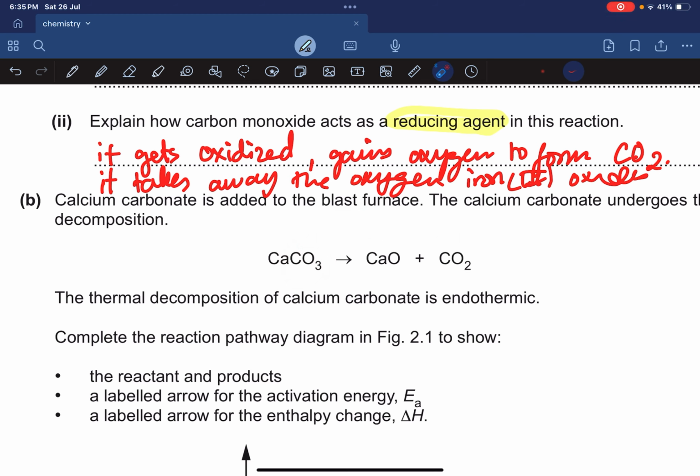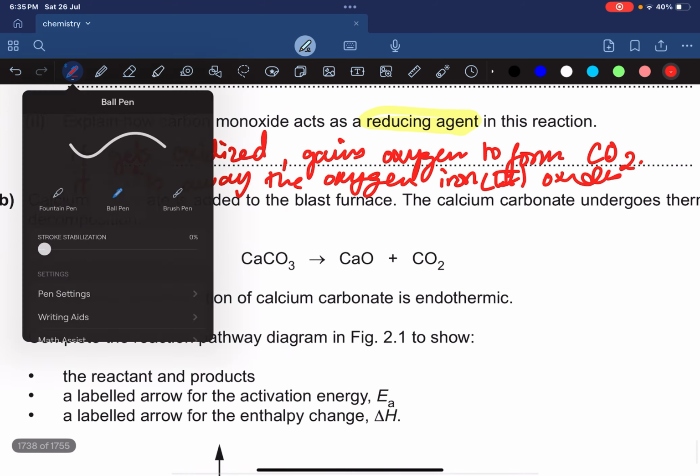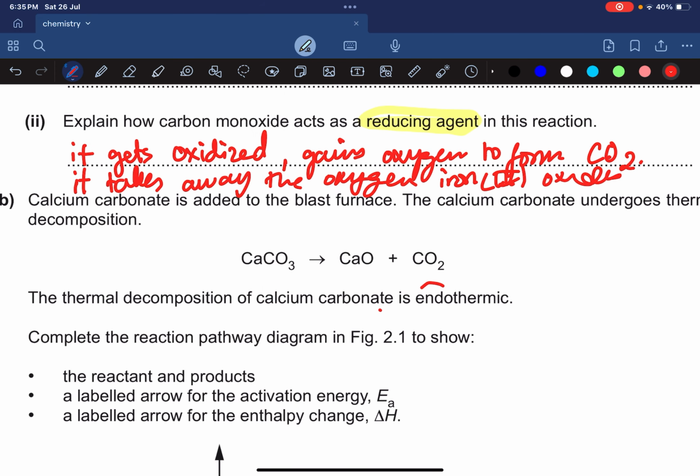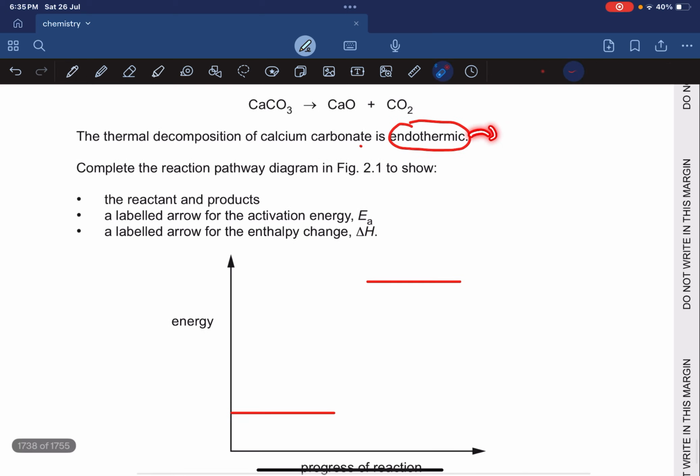Okay, the thermal decomposition of calcium carbonate is endothermic. Complete the reaction pathway diagram in figure 2.1 to show this. The important thing over here is that you should know how to make a reaction pathway diagram for an endothermic reaction. Your reactants are below in an endothermic and your products are above the reactants. Why is that so? Endothermic simply means that you gain heat.